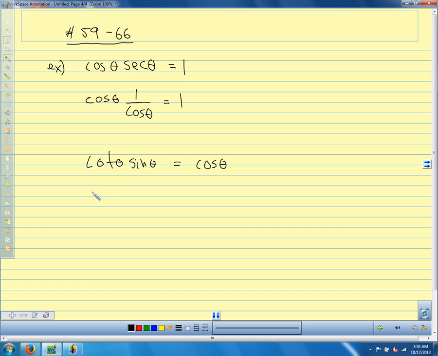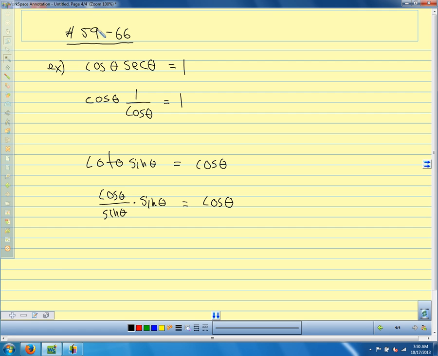We can rewrite cotangent theta as cosine theta over sine theta, and we're multiplying that by sine theta. Now I have the sine theta in the numerator and sine theta in the denominator. Those cancel, and this just equals cosine theta.